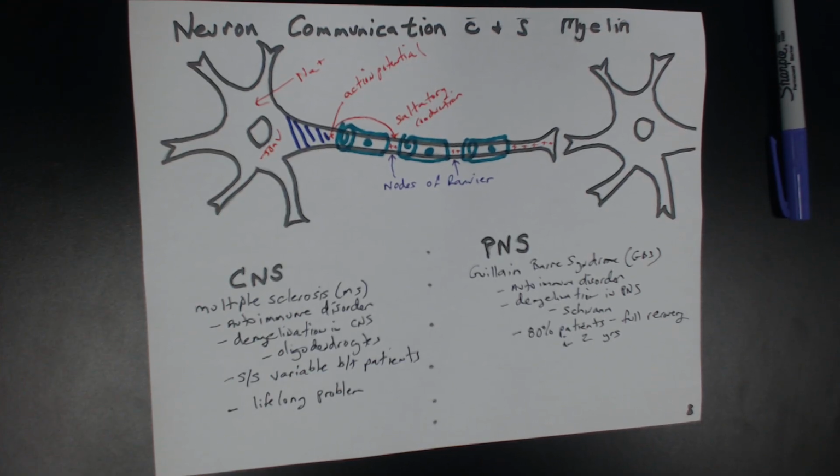Okay. What happens to the other 20%? I don't know if anybody's thinking about that poor 20%, but they don't get better. They might get stuck in one particular place and be left with all kinds of deficits. Okay. Happens.